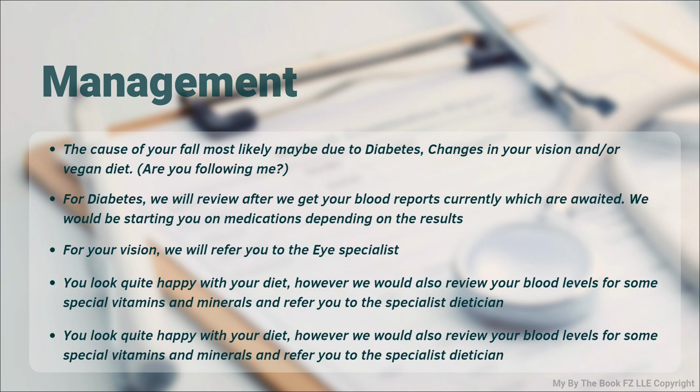So I already told you what are the points you are going to say in further management. So if you do not have time to finish the station, because the history itself is very long, just verbalize the causes of the fall at least before you leave the room. So tell him, the reason why I think you may have had the fall is these 3 things. 1, because of your diabetes.